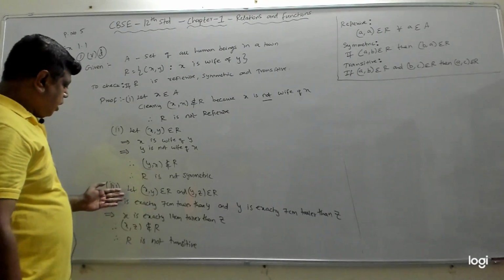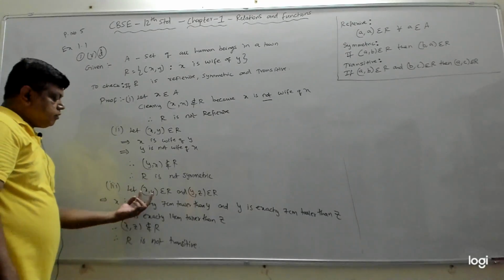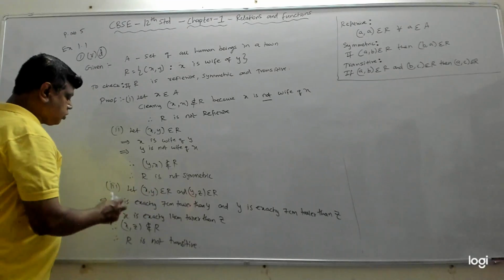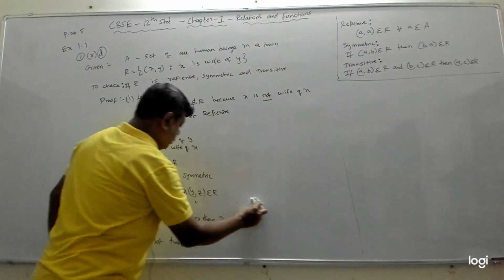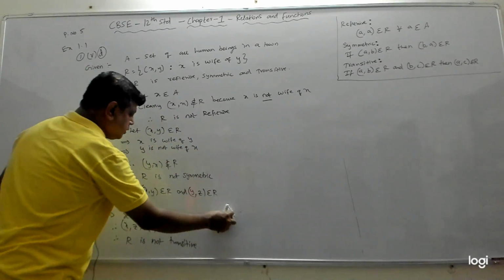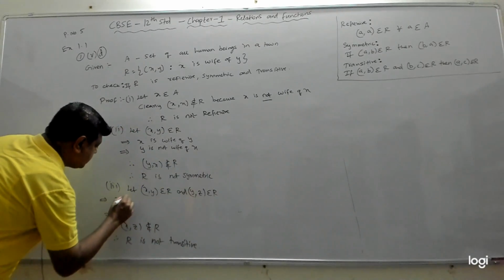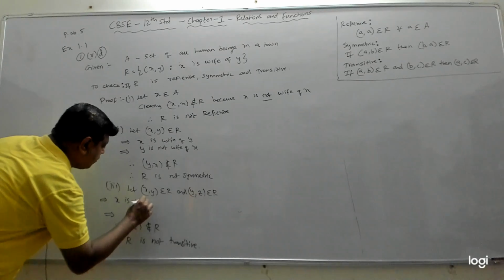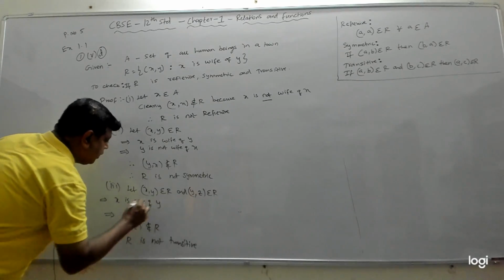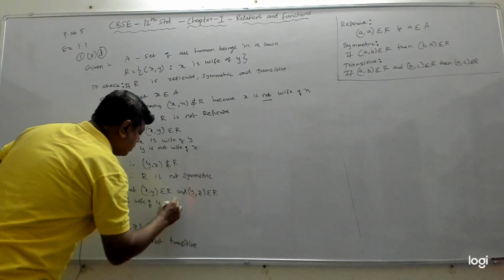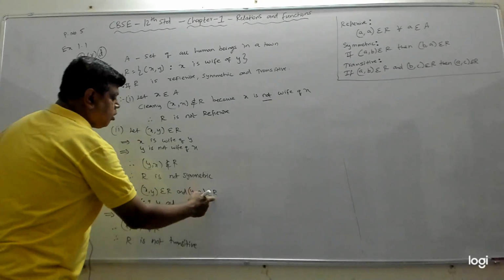Fine. So now we have to check transitivity. For that, we'll take X comma Y belongs to R and Y comma Z belongs to R. Now, X comma Y belongs to R, which means X is wife of Y, and Y comma Z belongs to R means what?